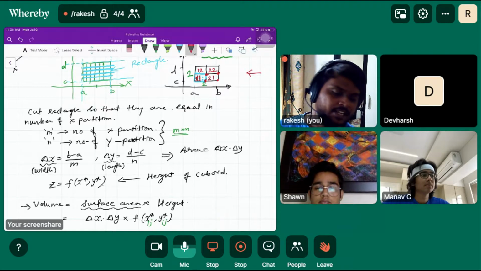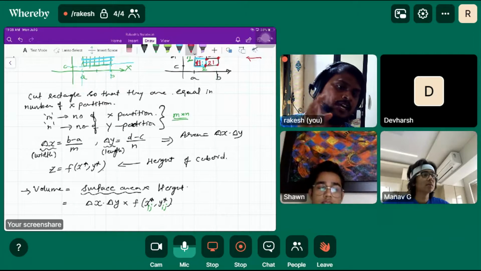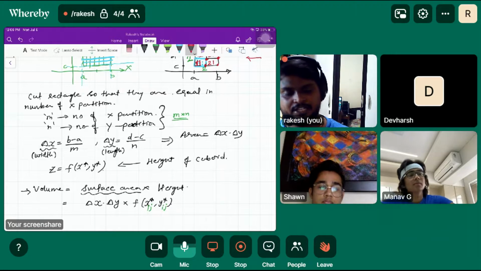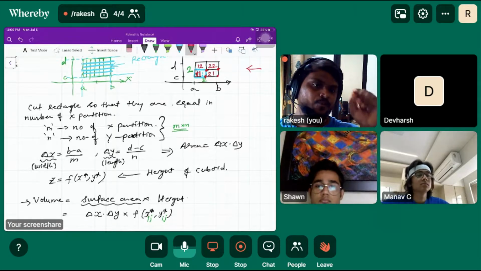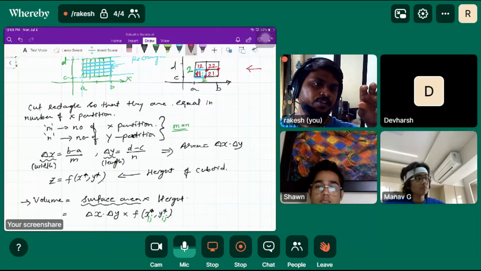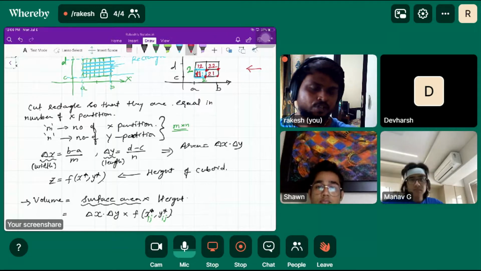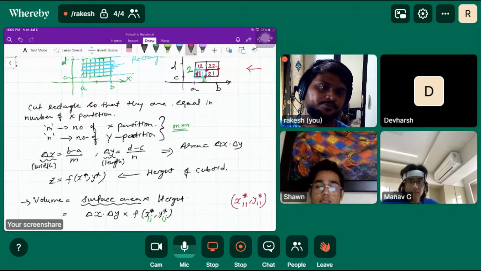So for each ij value, we get a rectangle. If I'm saying f of x star ij comma y star ij, it means we are selecting a point from each rectangle. Any point, either from the boundary or within the rectangle. So if I simply say what is x11 star comma y11 star, where does it lie?